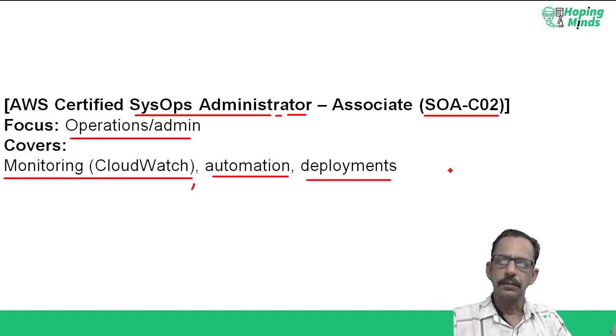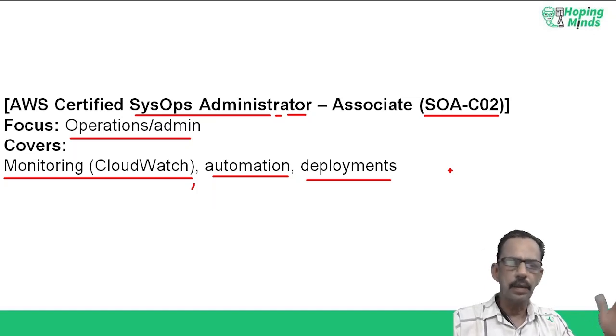All the other things will be there, either EC2 or S3, all the topics. But in addition, CloudWatch is also available in the others, but not in so much depth as in SysOps administrator or solutions architect.